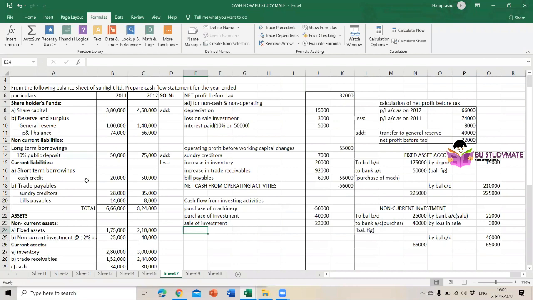In that question, they have given non-current investment at 12% per annum. So we are getting the interest here. Interest on investment.